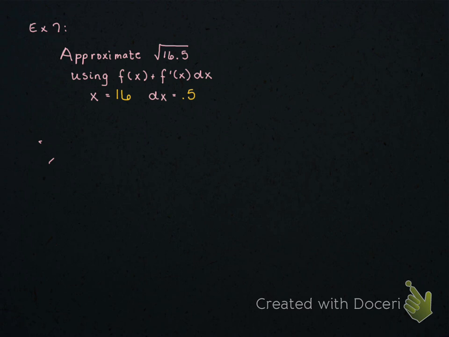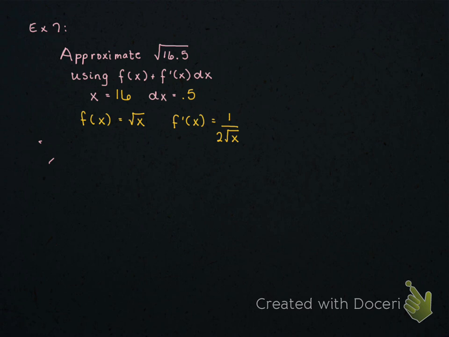Okay? Now, if we're using f of x plus f prime x dx, we are going to say that f of x is equal to the square root of x. Therefore, f prime of x is equal to 1 over 2 times the square root of x.